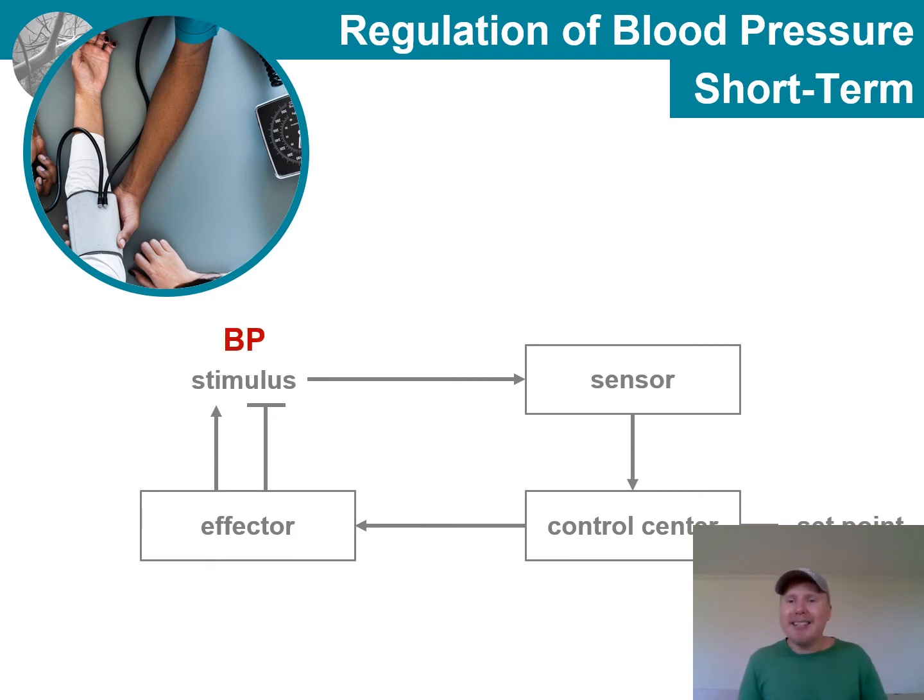So our stimulus is a change in the blood pressure, and we had the set point for the normal blood pressure somewhere around 120/90. There.